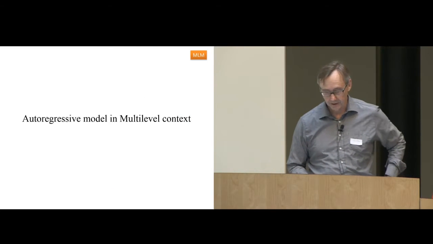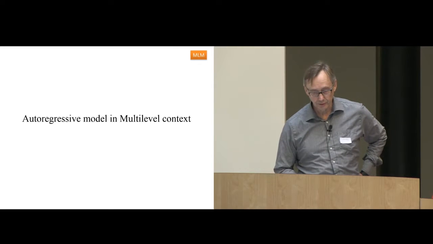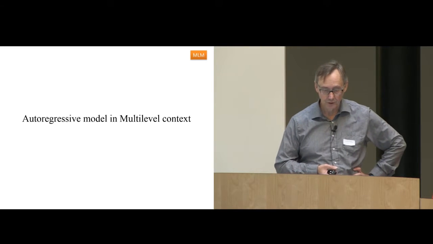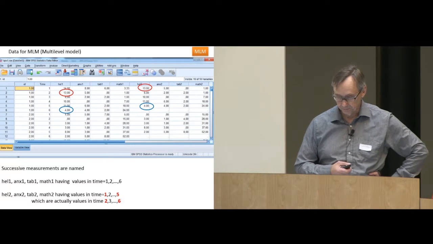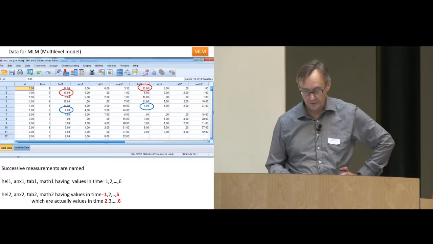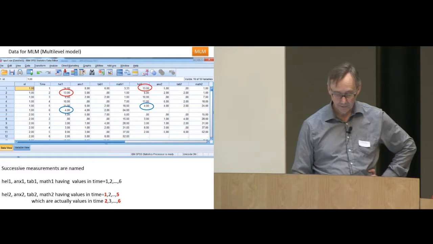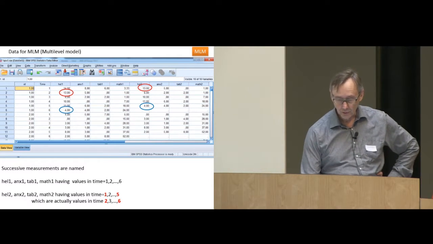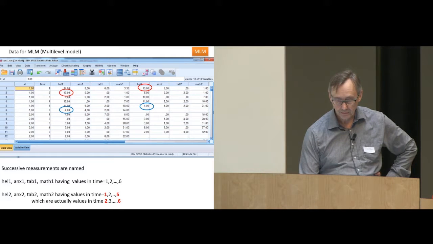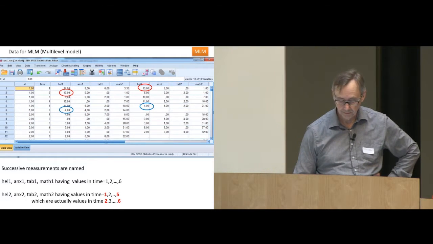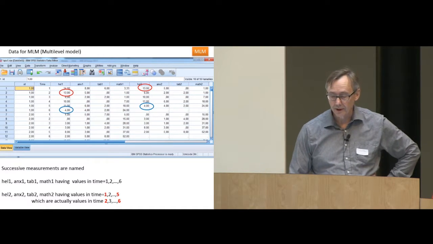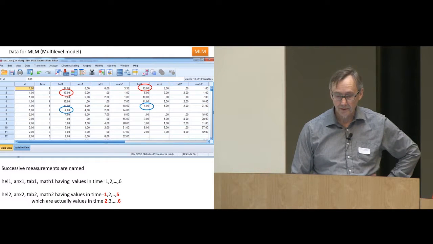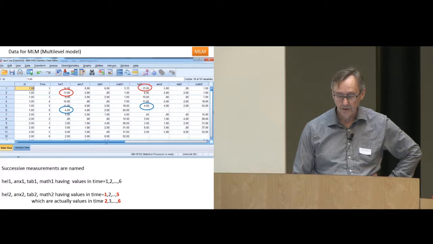Okay, then what can we do using multi-level modeling? An autoregressive model using multi-level modeling. The data must be structured in a way that you have one variable, and then I have Hel1, Anx1, Tap1, Math1 variables, meaning that there are 6 time points.